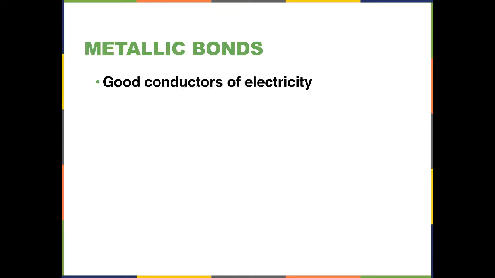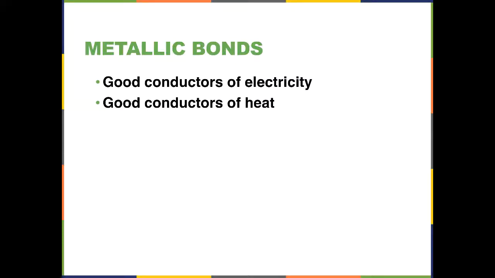So let's look at a picture of this. First of all, let's go over the properties. Because the electrons are free to move, these things conduct electricity quite well. So copper wire or an iron bar or various other types of metals, alloy metals, usually conduct electricity very well.